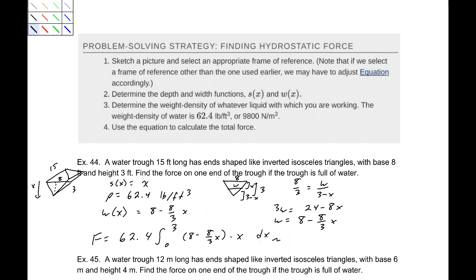Now I'm going to leave the evaluation of that, since it is a polynomial, to you, and that is going to be equal to 748.8 pounds. The force is going to be in pounds, so there we have that.